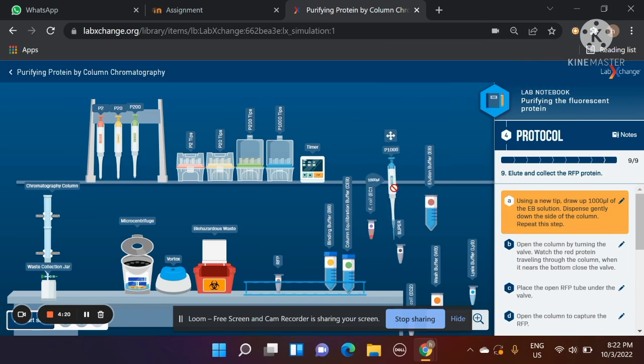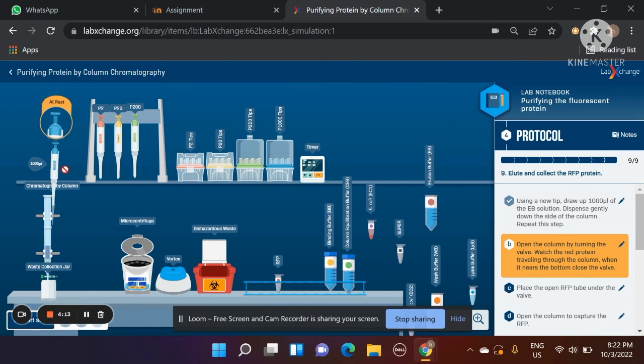Afterwards, dispense the EB solution into the chromatography column. Okay. Afterwards, open the column by turning the valve and watch the red protein traveling through the column. When it nears the bottom, close the valve.